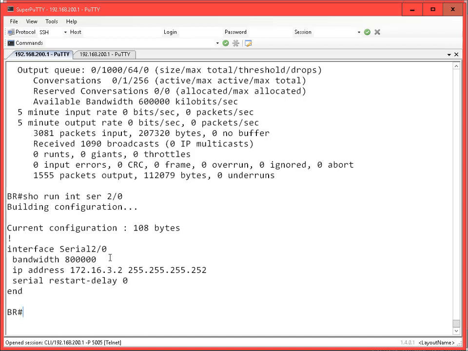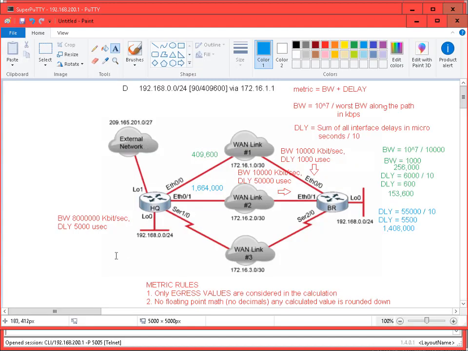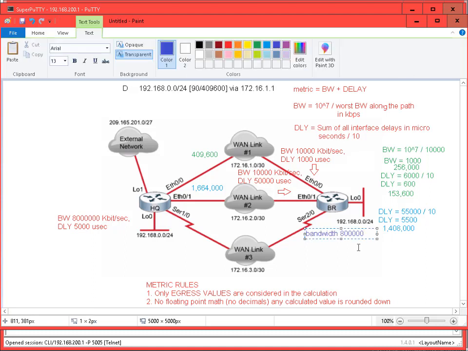So let's go in and do our final calculation here. I've got the bandwidth and delay for this interface. We'll go ahead and do this one in orange, and we'll do this one in purple. Wait, is that cut off?